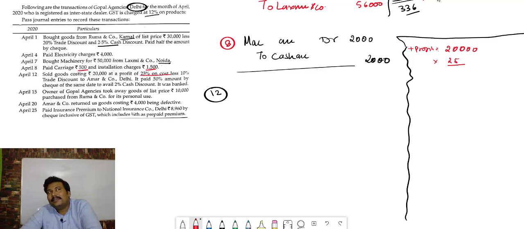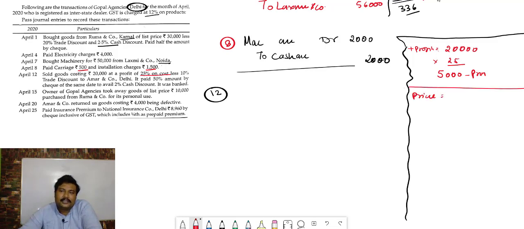How much will it be? 5,000. 5,000 is the profit amount. So after profit, the price is 20 plus 5 is equal to 25,000. This is the first thing we have to do.